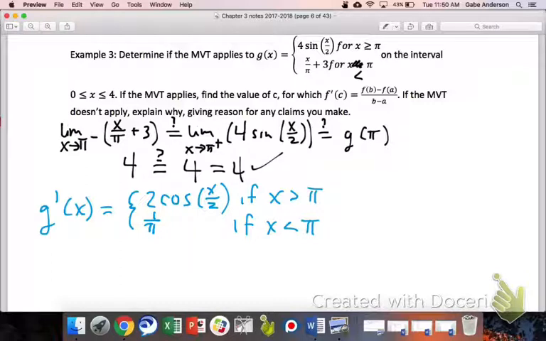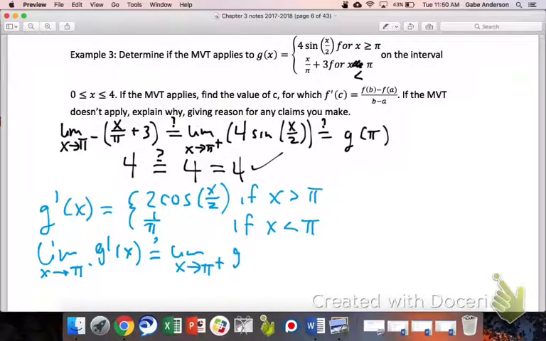Don't worry about it. All right, so if we try this out, don't we need the left-hand derivative equal the right-hand derivative? What happens? So if we did something like limit as we approach pi from the left of g prime is supposed to equal the limit as we approach pi from the right of g prime. When we actually evaluate those limits from the left, what do we get?